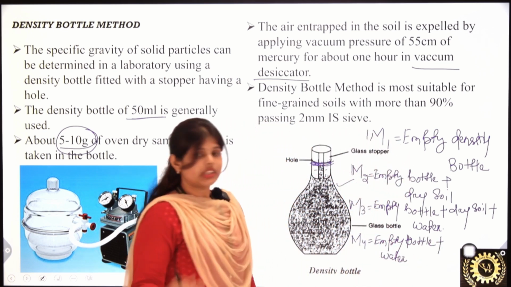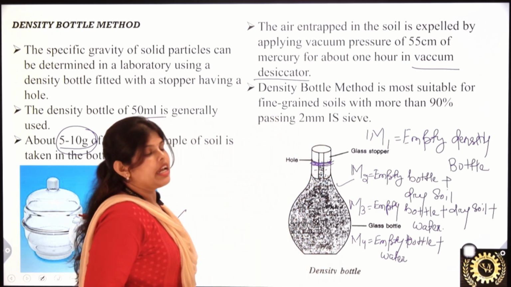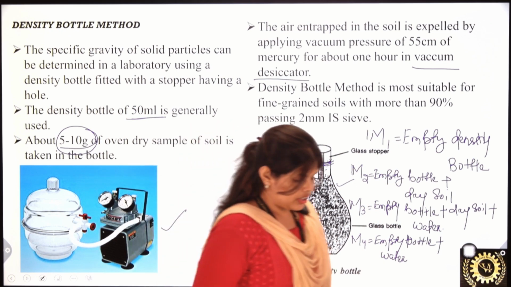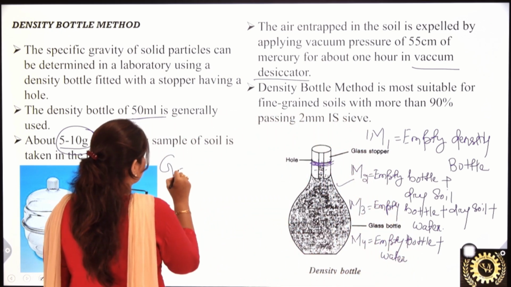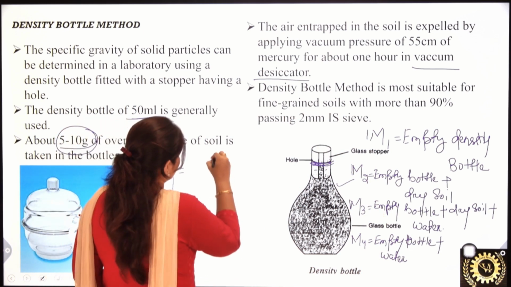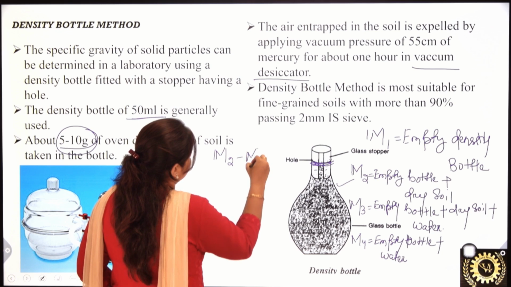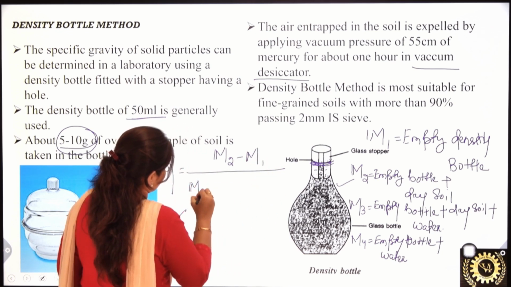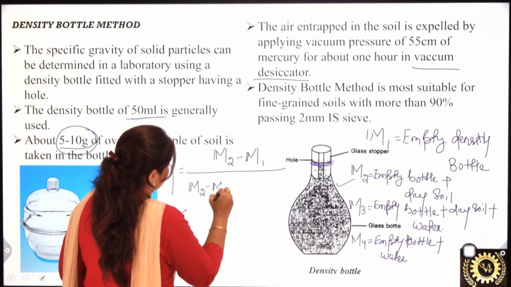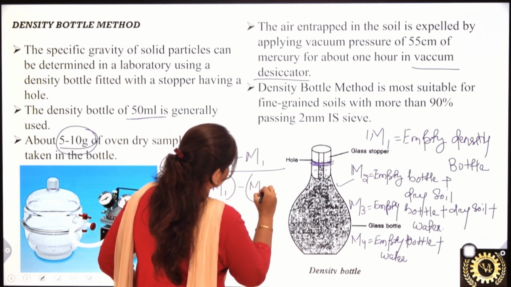Now we have all those values M1, M2, M3, M4, and we will calculate the specific gravity. Specific gravity is denoted by G. The formula will be G equals (M2 minus M1) divided by ((M2 minus M1) minus (M3 minus M4)).